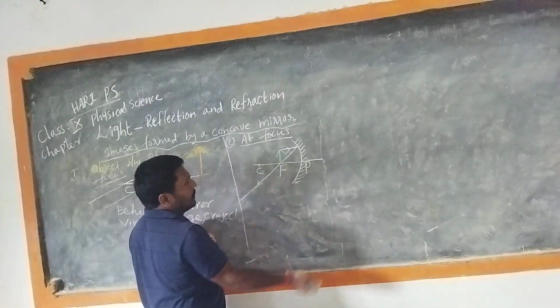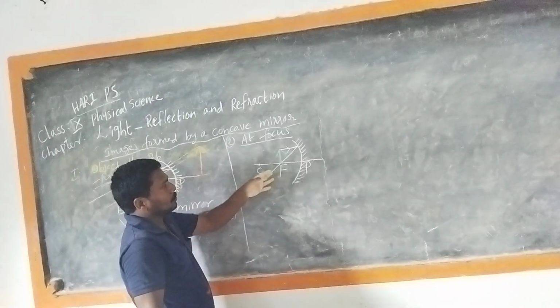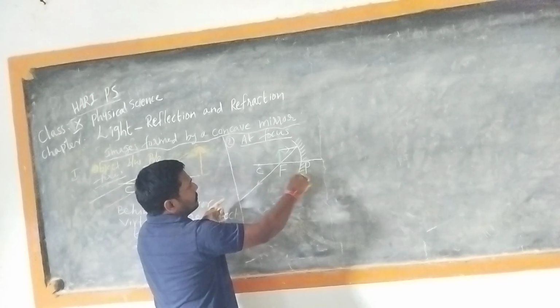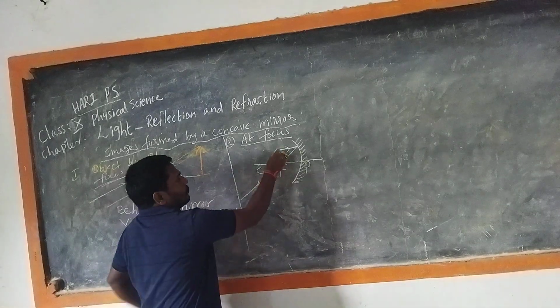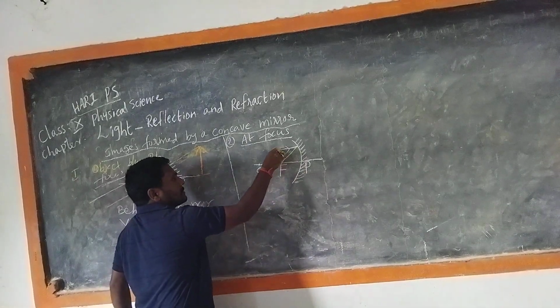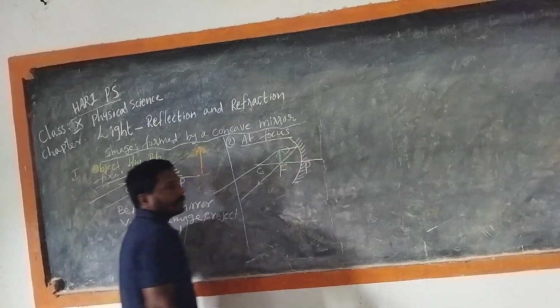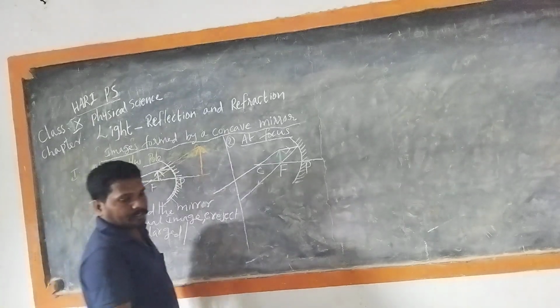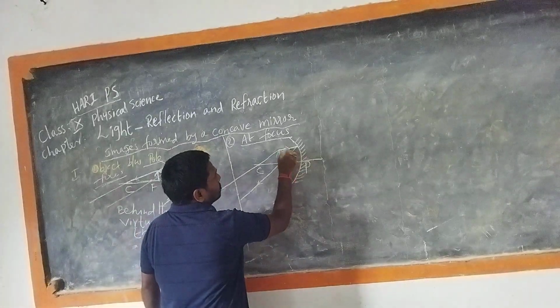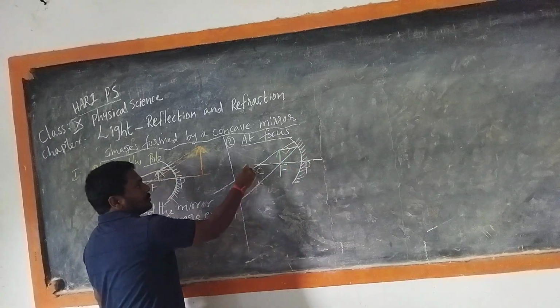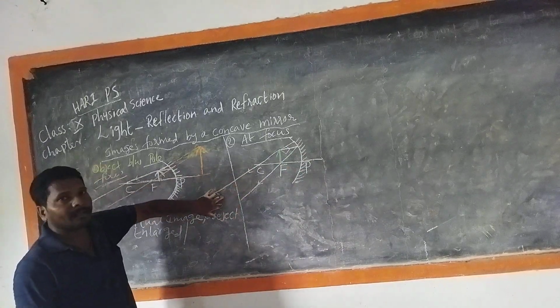Is there any other ray? Passing like this, there is no chance. So take one more, as usual, through the center of curvature, like this one.